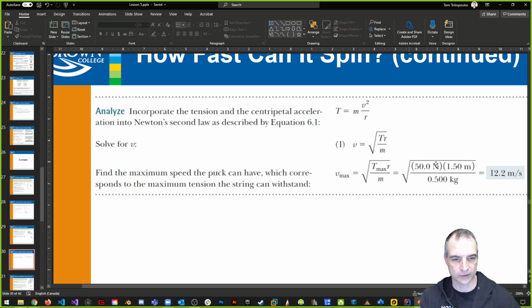And if we take the square root of that, we know that the maximum speed will be 12.2 meters per second. Okay? So we first find out the equation, put it in the right form, then sub in the values that we know, and then we'll have the answer for this particular problem. Okay?